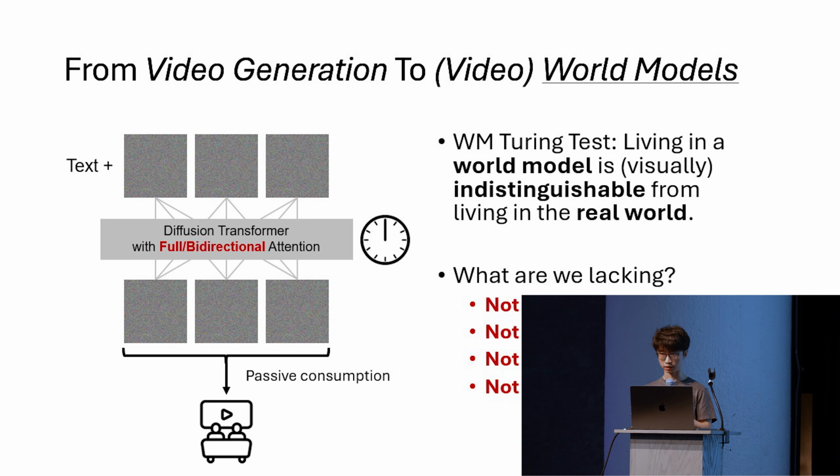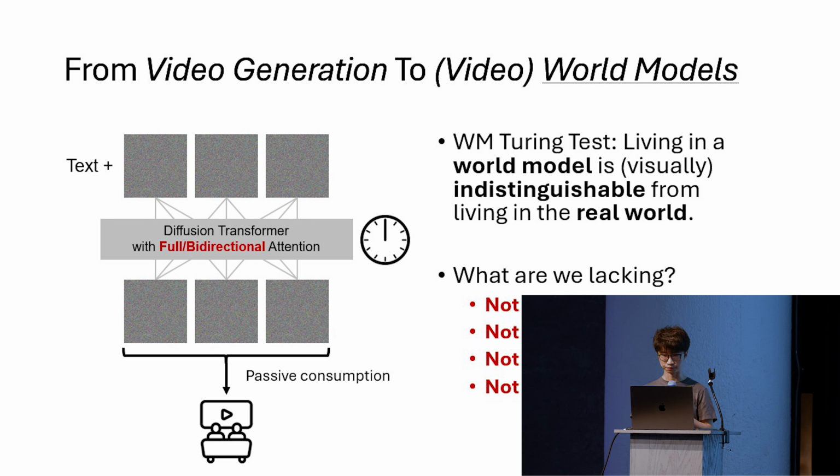There's an iterative denoising process, and after a long wait, the video is generated, and after it's generated, it's not changeable. So the users can basically only watch the video. It's a perfect fit for mass media, where the video is created once by content creators and distributed to many consumers. But it's not really suitable for interactive applications, where the information flow should be bidirectional, and the user also wants to influence the future of the video.